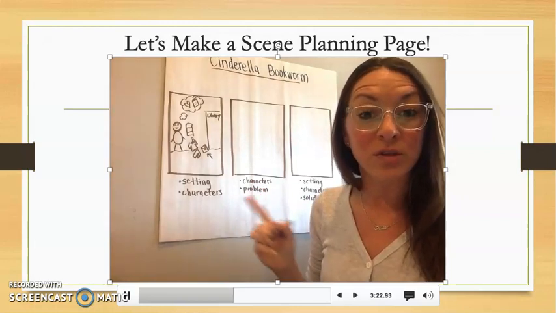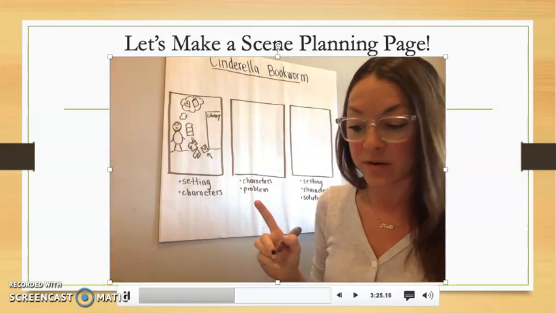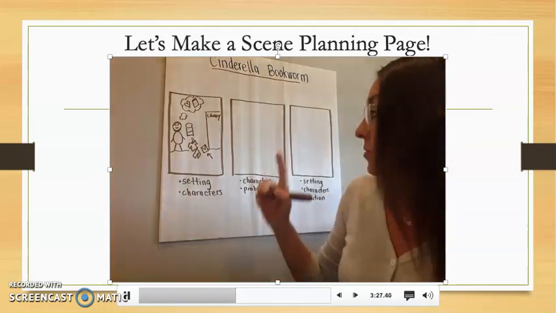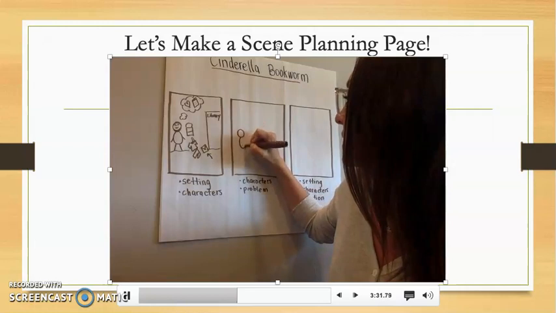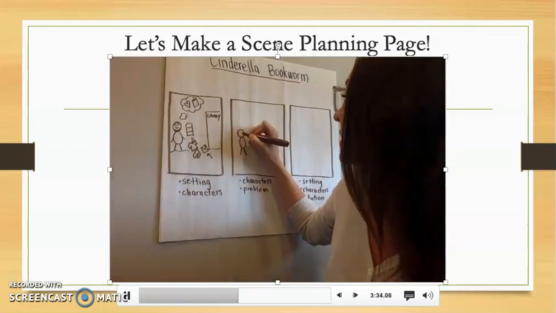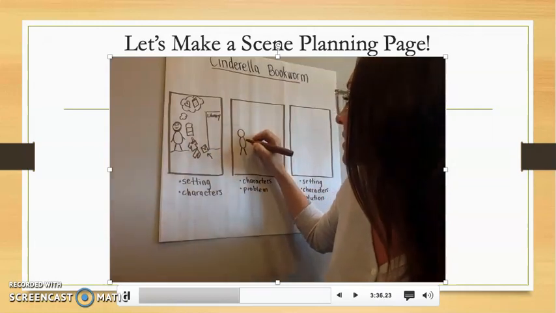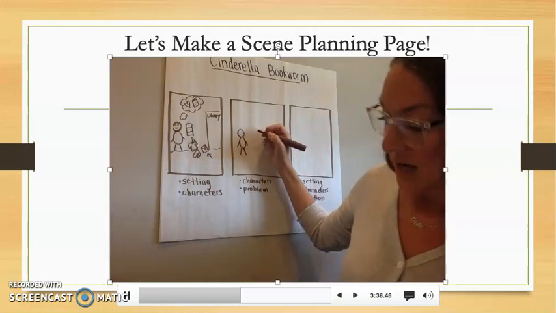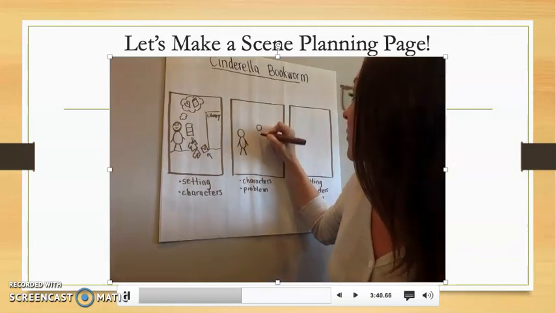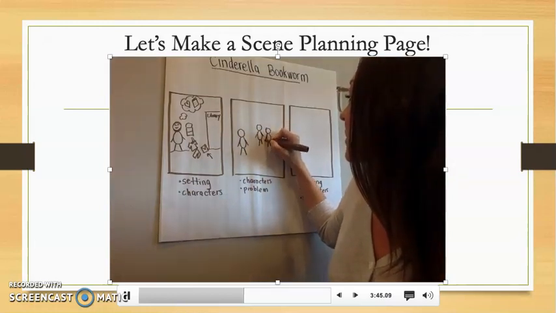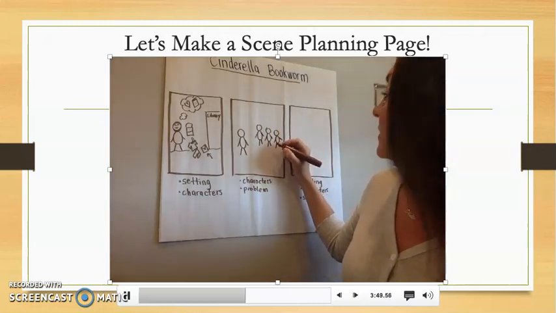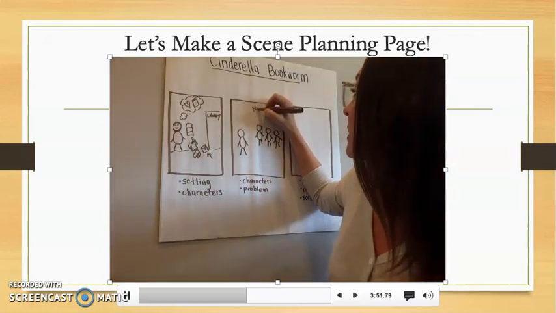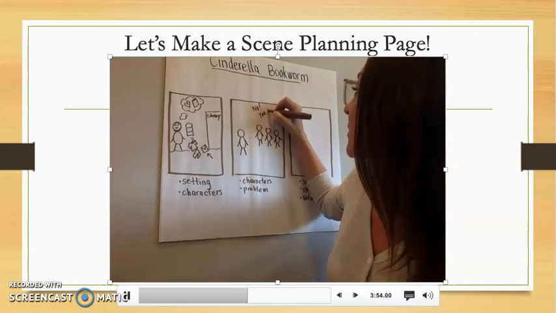The stepsisters do not want her to go. They don't want to let her go to the library. So again, it's going to be Cinderella, and it's going to be her three stepsisters, and all three of them are saying, no, you cannot go.